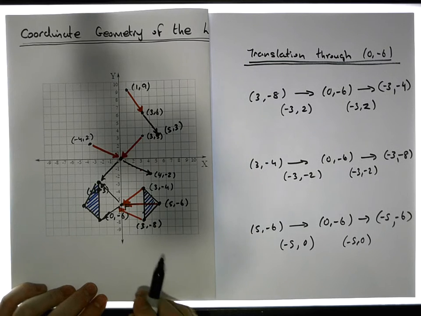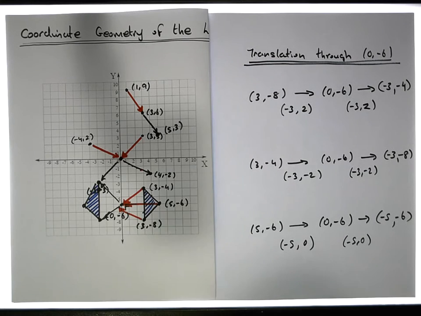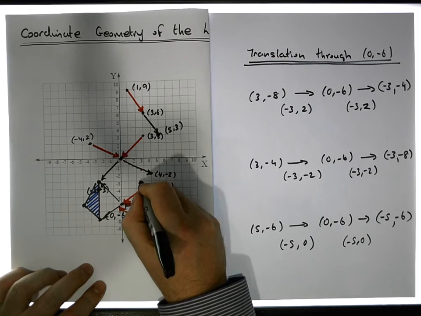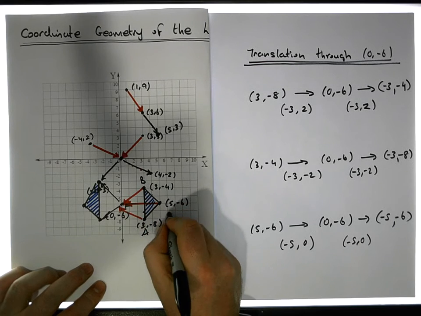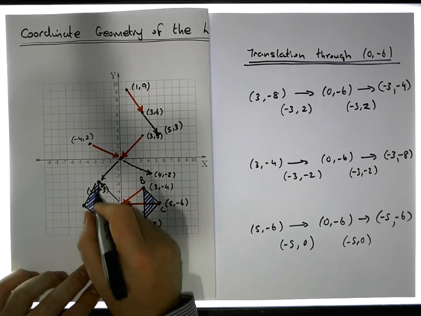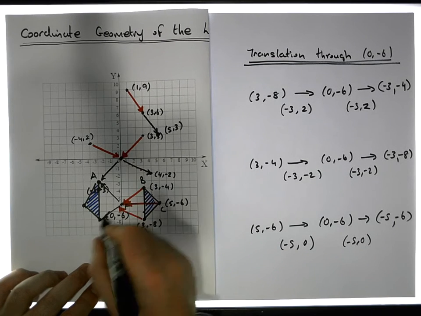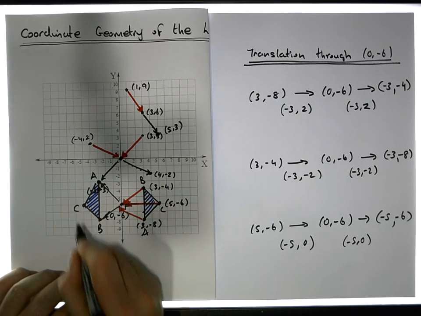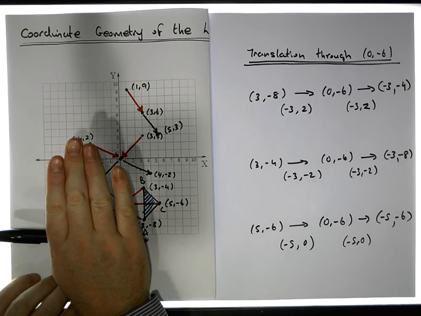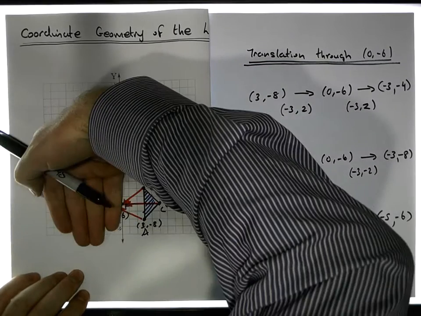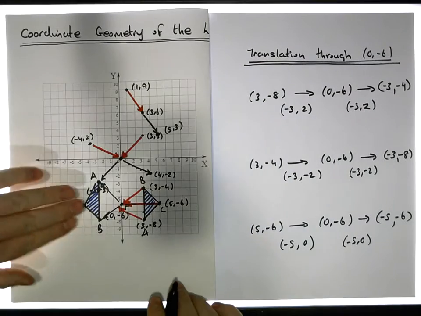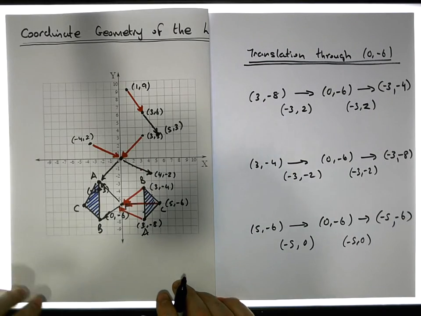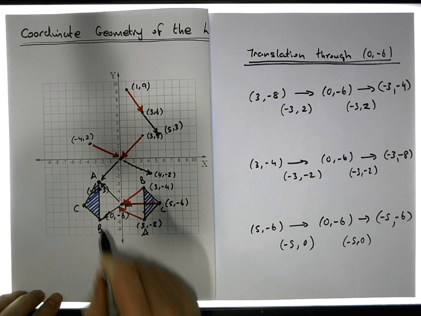Well, it's not really a reflection, because if these were A, B, C, this now is A, this now is B, and this now is C. So it's like a reflection and then a rotation, which has given us this particular shape here.